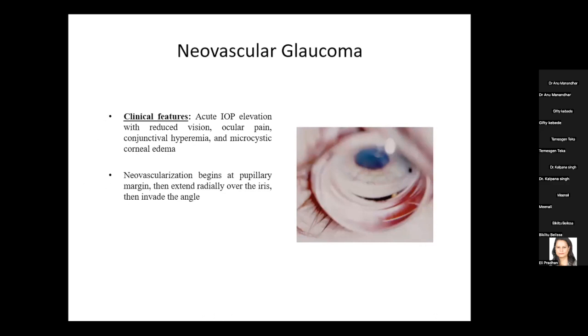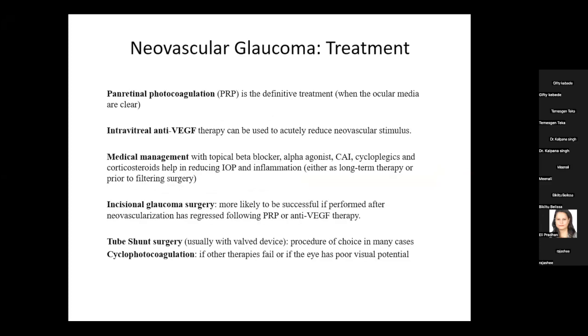Clinically, there will be acute rise of intraocular pressure with reduced vision, ocular pain, conjunctival hyperemia, and corneal edema. The neovascularization begins at the pupillary margin and then extends radially over the iris, then invades the angle. Treatment is pan-retinal photocoagulation.